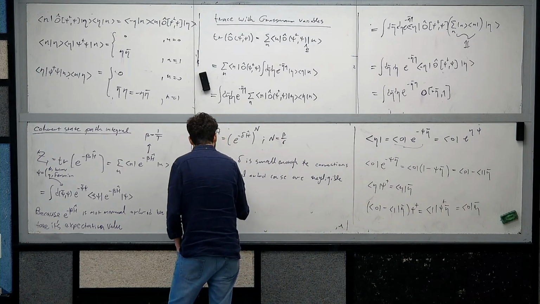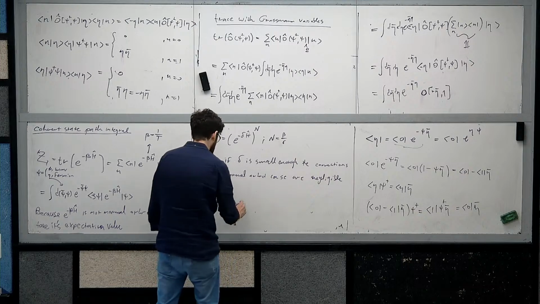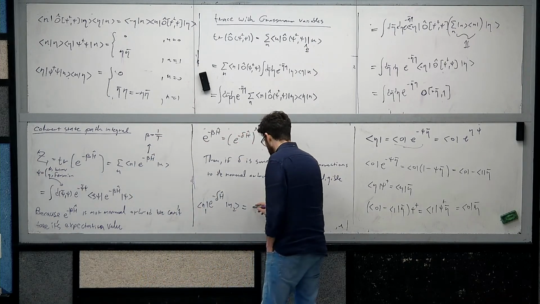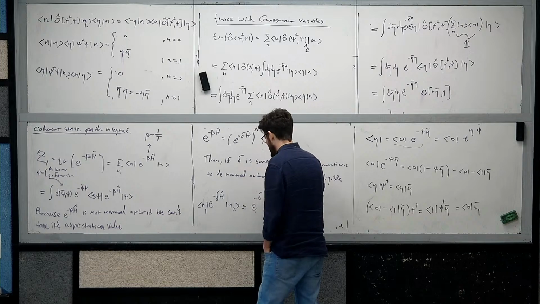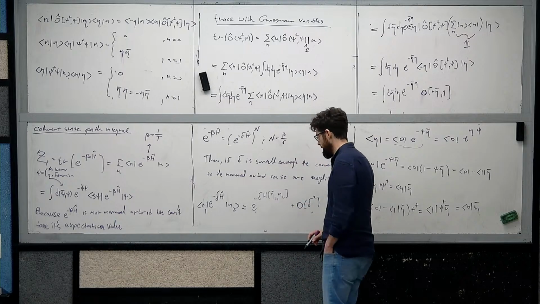I mean that e to the minus delta h, if I take the expectation value of, say, psi 1, psi 2, is going to be e to the minus delta h of eta 1 bar eta 2, plus O of delta squared.